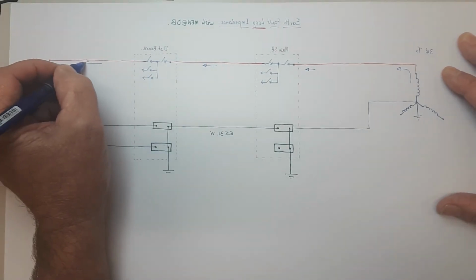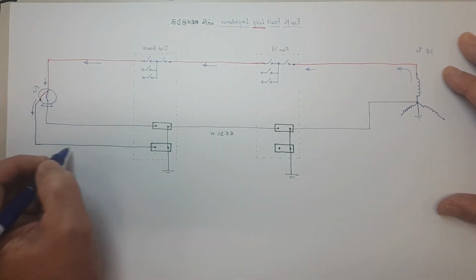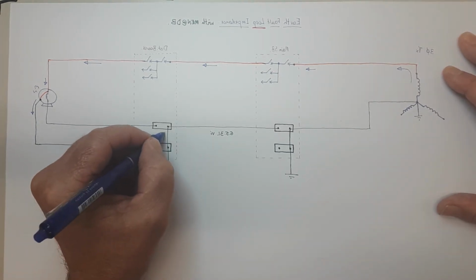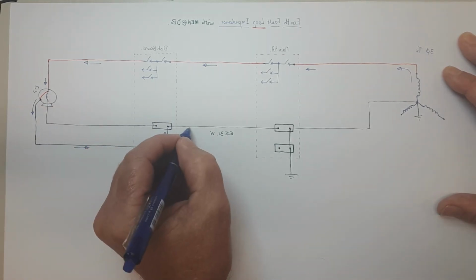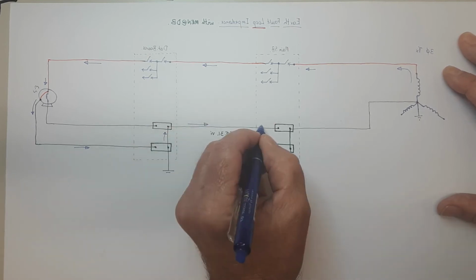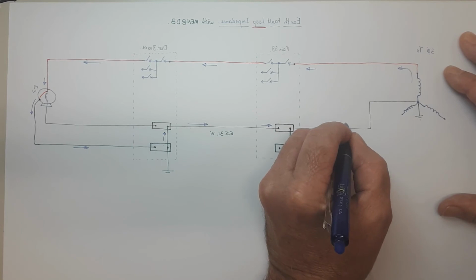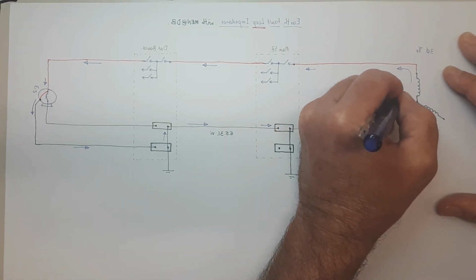So it's down here, through the earth wire and back along the earth wire till it gets back to here. Then it goes up the MEN, then it goes back along the neutral and back into here. And there's your loop.